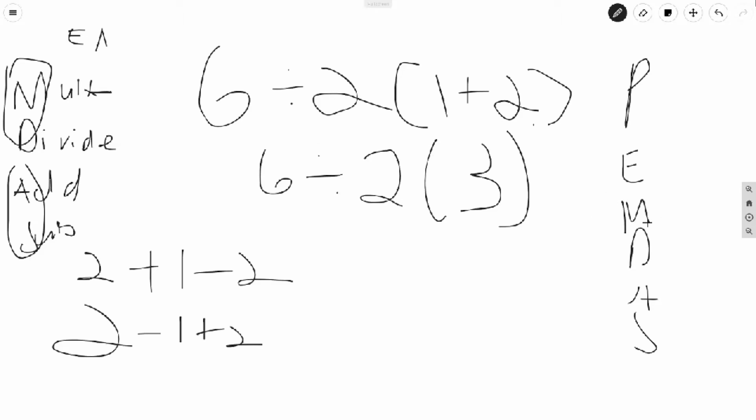It means these are even and these are even. So it's just whichever one comes first. So if multiplication comes first and division comes second, then you do multiplication first. But if division comes first and multiplication comes second, then you do division first and multiplication second.